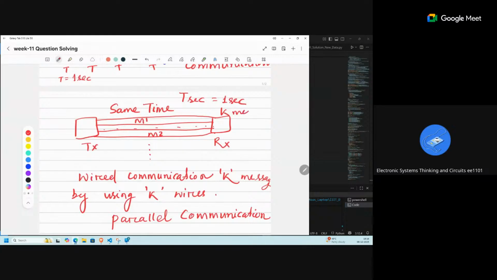But in serial communication, you take k seconds to send k messages. Am I right? Is it clear?